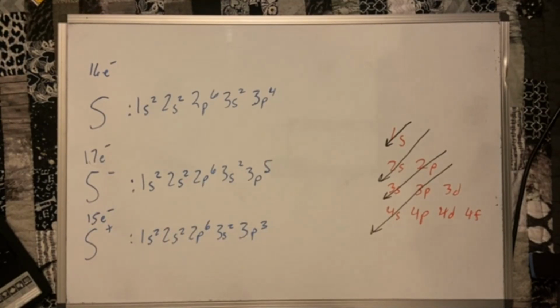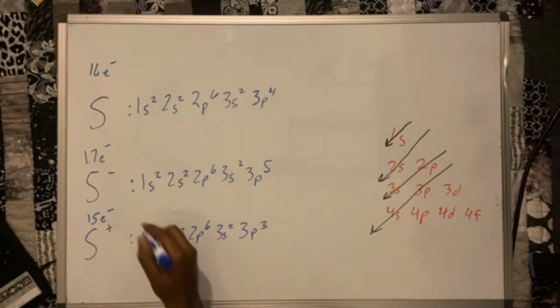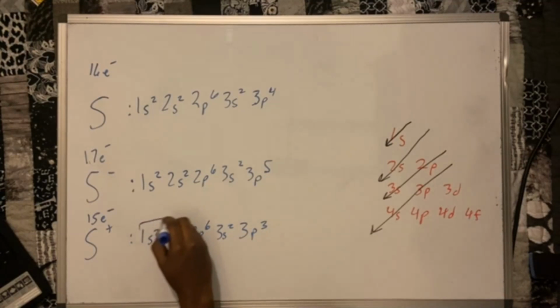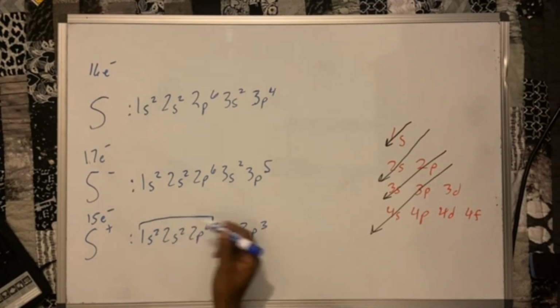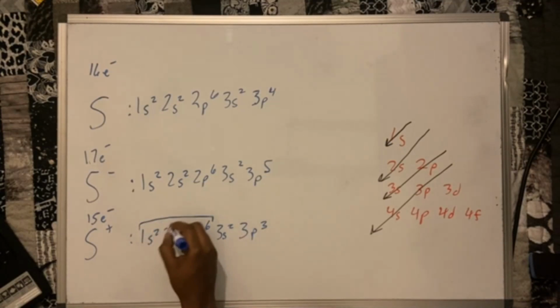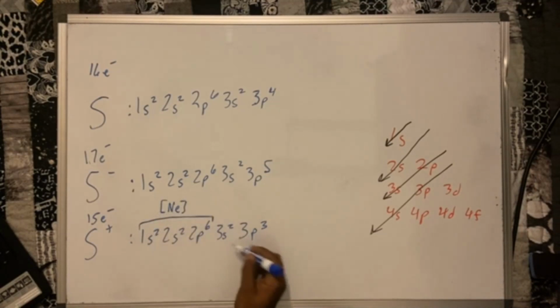What else do I want to say about this? Just in case, they might write it differently. There's a noble gas shortcut. I don't know if you remember, but this is neon. So sometimes people put brackets and then neon right here, and then the 3s2.